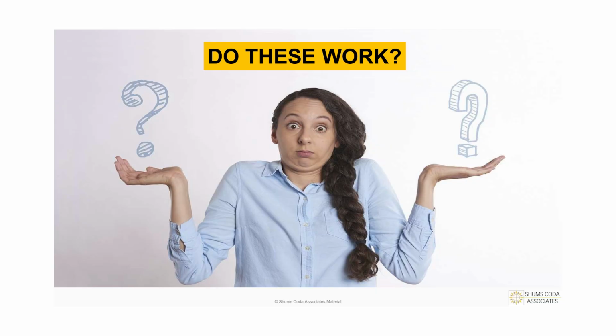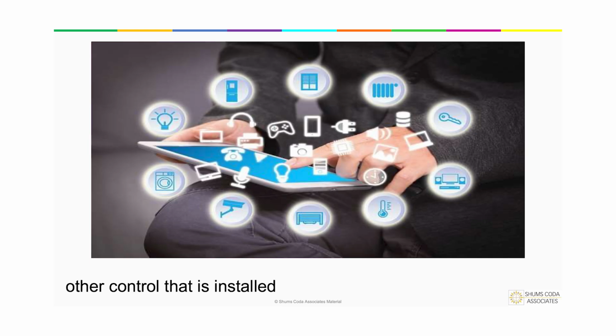So here is what I'm going to ask you. I'm going to ask you if what I show you on the screen meets the criteria of the items I just showed you. Would you accept this? Is this a dimmer, an occupancy sensor, or something built into it?